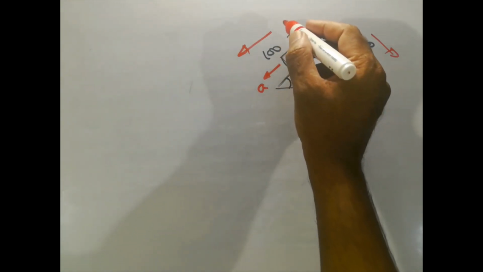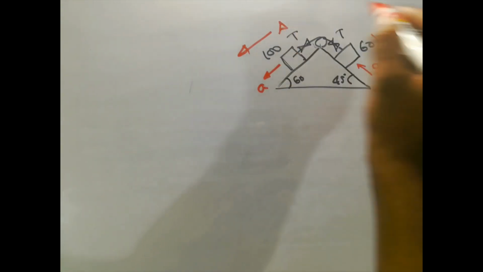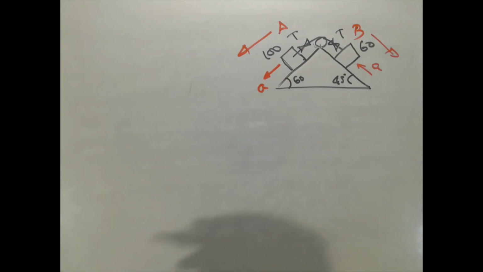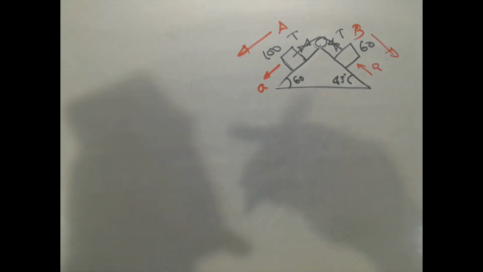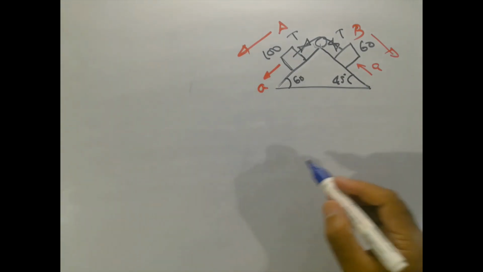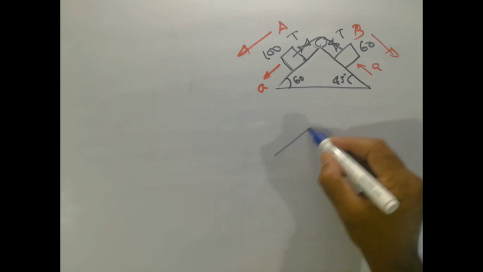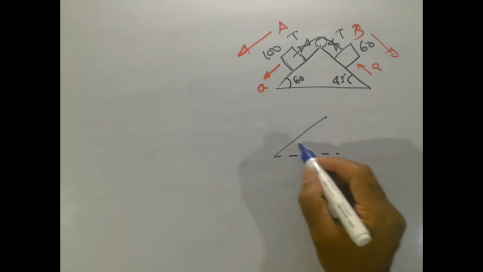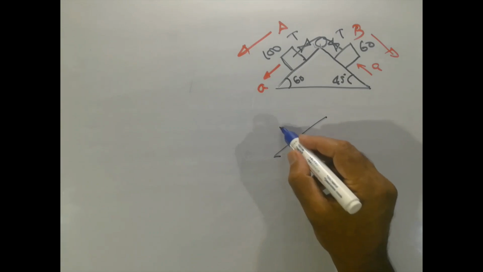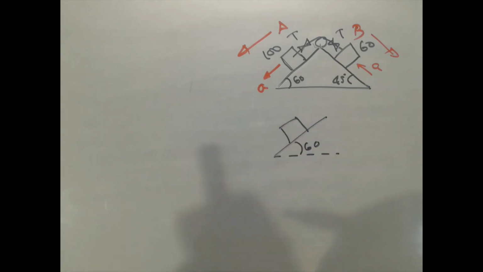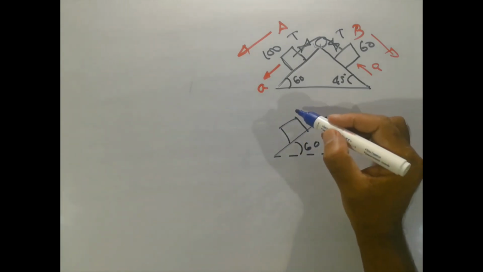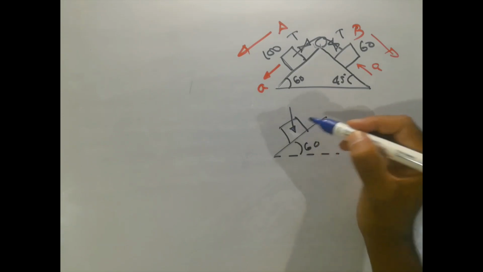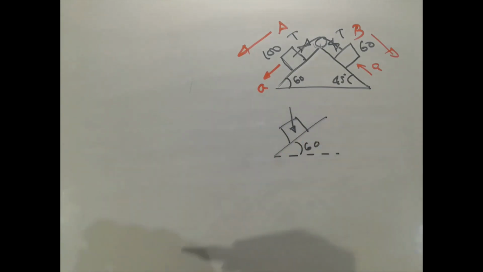Let this be block A and let this be block B. If block A is moving down, we will draw the free body diagram like this: the 60-degree plane, the block, and its weight acting vertically downwards.